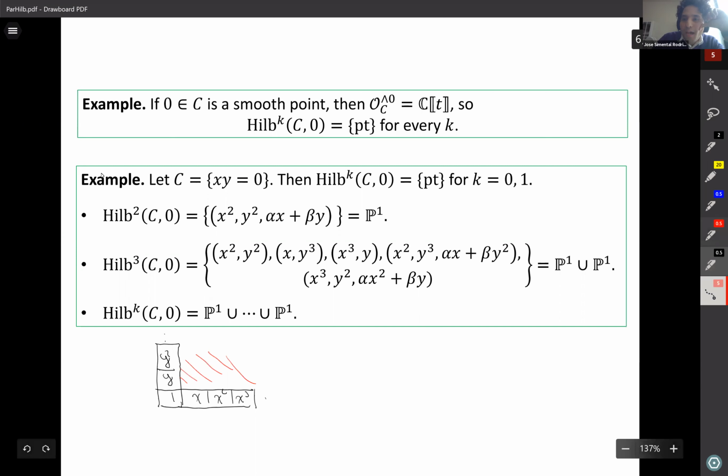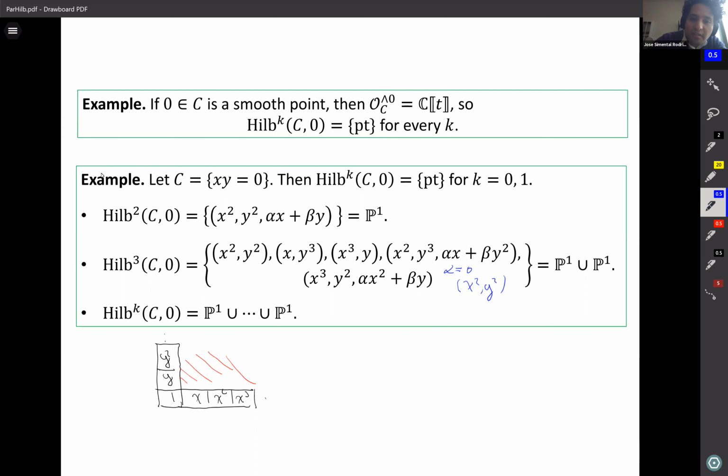Note that when we set alpha equal to 0 here, what we get is just the ideal generated by x squared, y squared, which I have already.